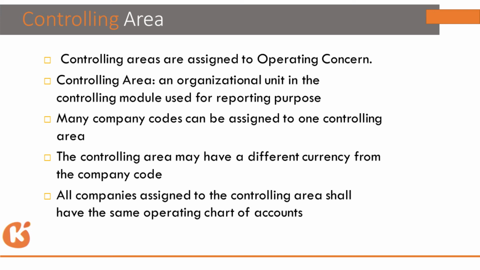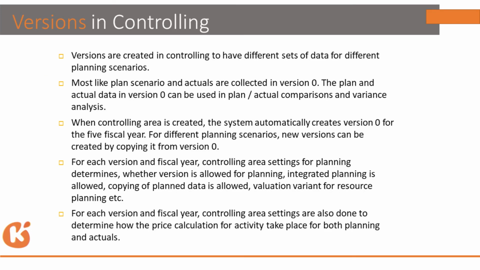Okay. So next important thing is versions. This is also part of your controlling area. Once you do the controlling area settings, we also need to activate versions. So what are versions? You can have different planning activities.